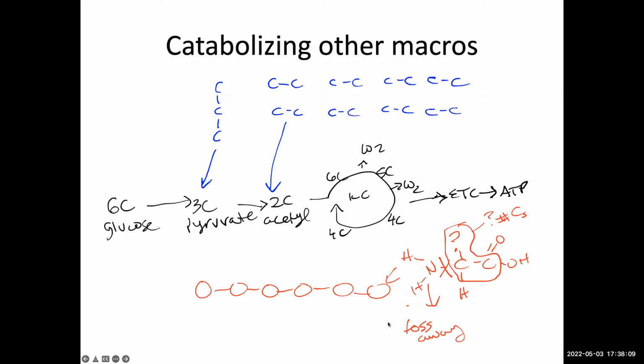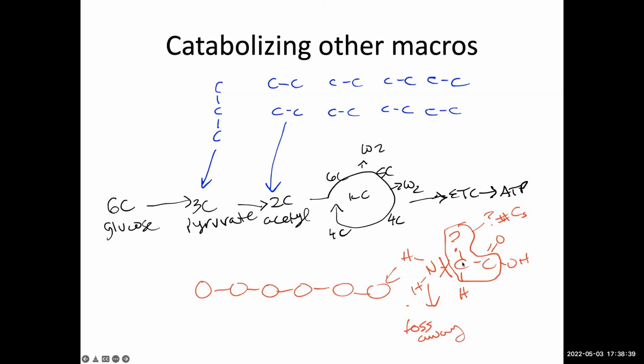NH2, which very quickly becomes NH4, nitrogen attracts hydrogens. NH4 is ammonia. That's really dangerous. So in our bodies, we convert it quickly into urea and it gets excreted in the urine. But organisms that are single cell prokaryotes would just chop it off and literally throw it into the environment. This is alkaline. It causes the environment to become alkaline.